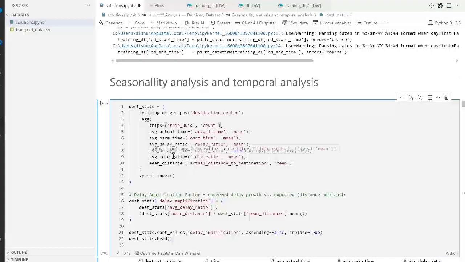P90 percentile is basically to say that in that entire trip, the maximum delay which has happened is around this value.